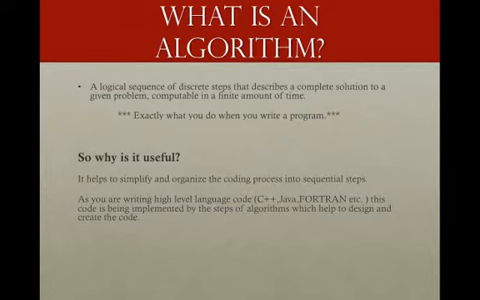In reading this definition, we can point out that an algorithm is a logical sequence of discrete steps. When we think about this, we can also think about programs and programming. In programming as well, there's a logical sequence of steps in terms of how the program is supposed to be implemented.